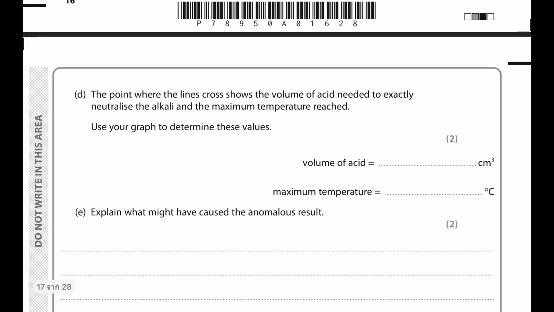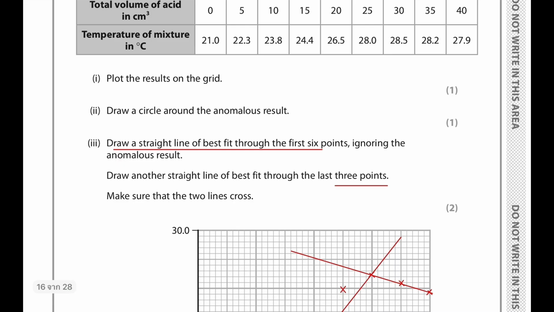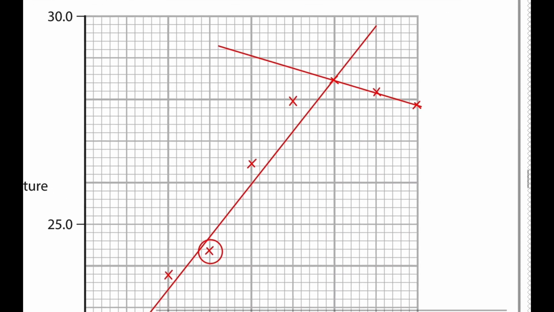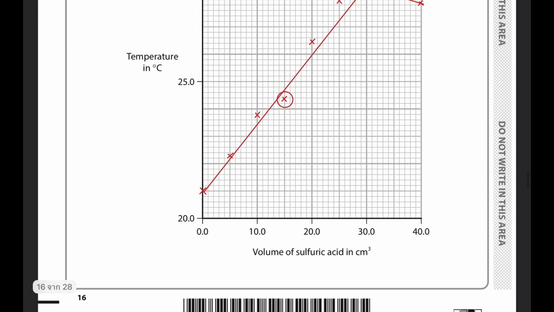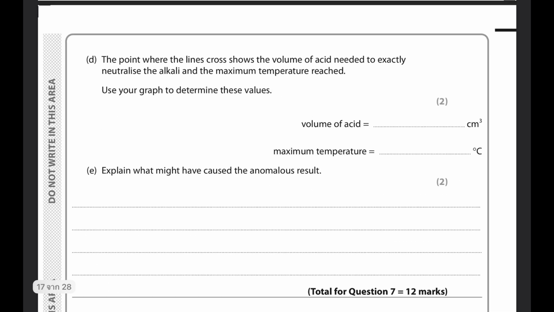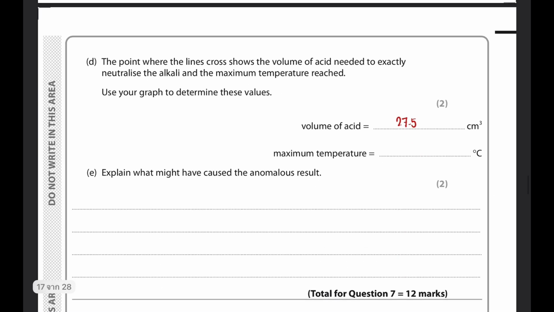Then the point where the lines cross shows the volume of acid needed to exactly neutralize the alkaline and the maximum temperature reached. Use your graph to determine these values, right? So it will be at around 27.5, and maximum temperature is about 28.6.